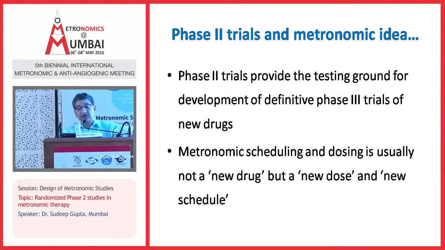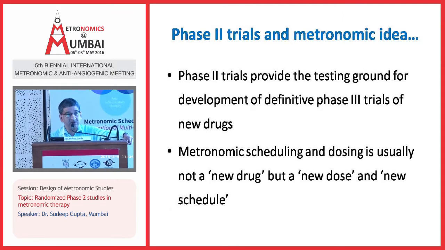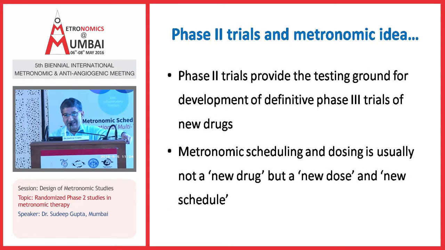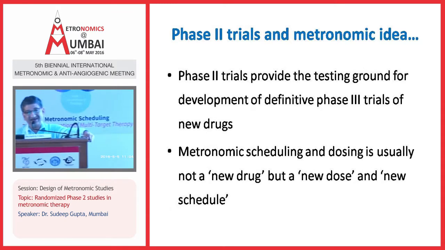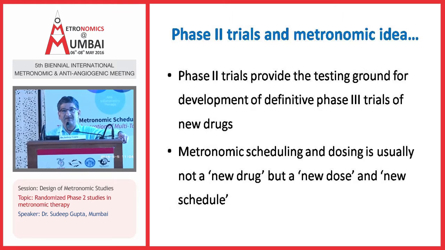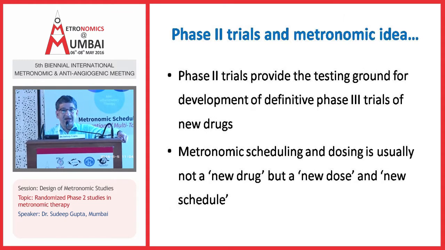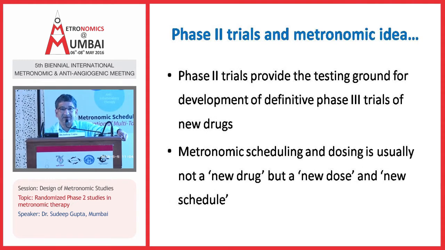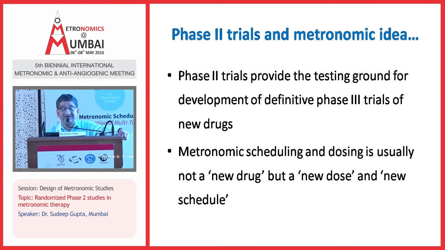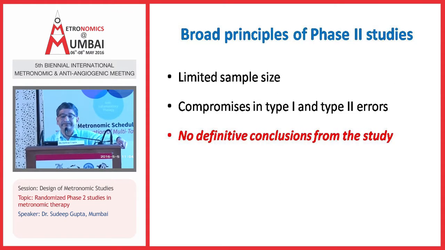And metronomic scheduling and dosing is usually not a new drug, but a new dose and new schedule. So I personally think that the pathway of development of metronomic schedules should largely and broadly follow the pathway that has been the case for new drugs.